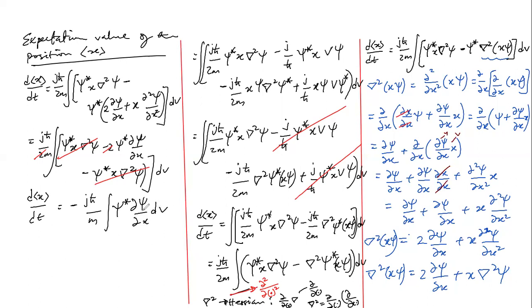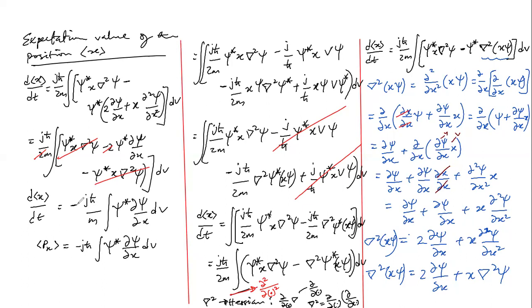Okay, and now you recall that in our last lecture, which you already have online, we showed that the expectation value of the momentum is the same as negative jħ integral of psi conjugate dpsi/dx dx.